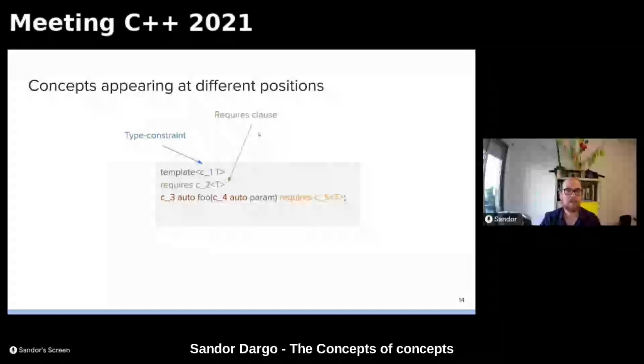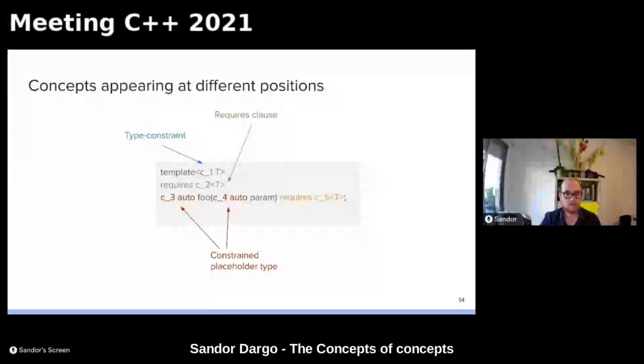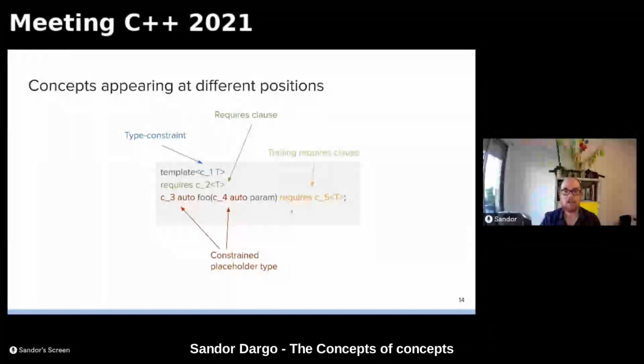You can use it in a requires clause that comes after the template parameter list. You can use constrained placeholder types in abbreviated function templates that you will see. We use it as a concept name followed by auto. I will detail why we need both the concept name and the auto. And you also have the trailing requires clause that comes after the CV qualifiers.